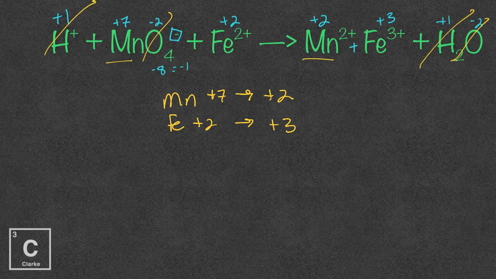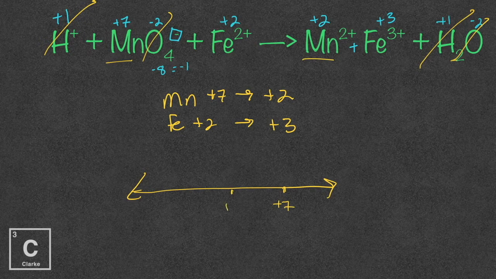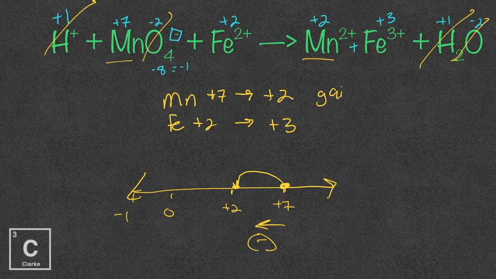If we're going from a +7, think about the number line. If here is +7, and here is +2, and here is 0, and here is -1, for us to move from +7 to a +2, we're getting more negative. So here we have gained 5 electrons.